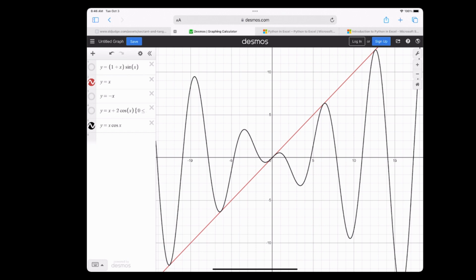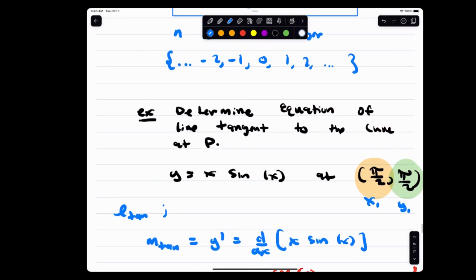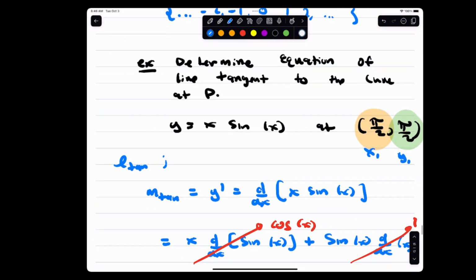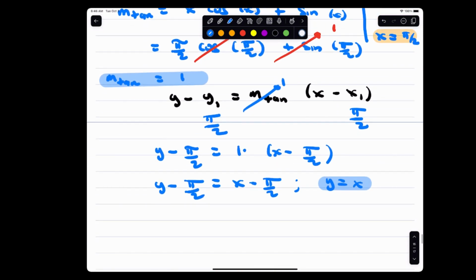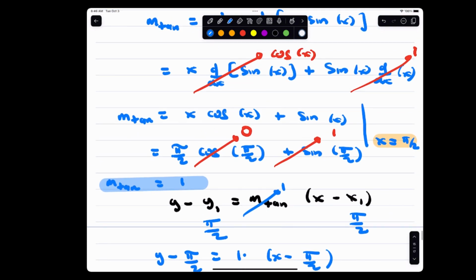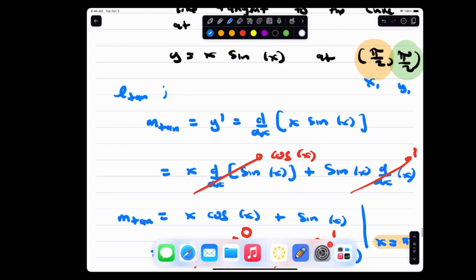So, did we do x sine x? Yeah. What's going on here? At pi over 2, right? All right, so double check that here. Okay, let's go back to x sine x.